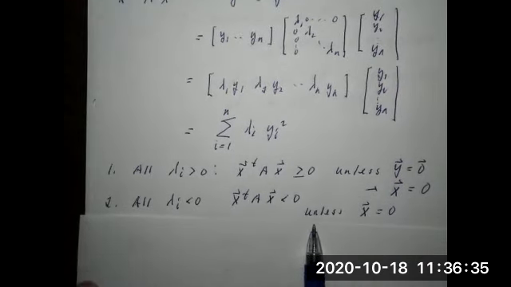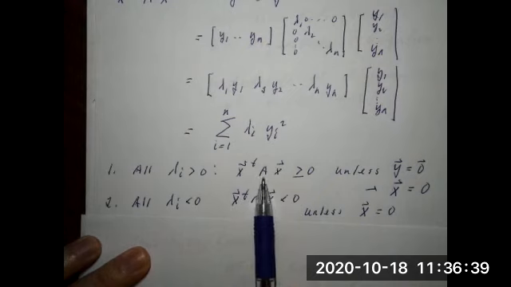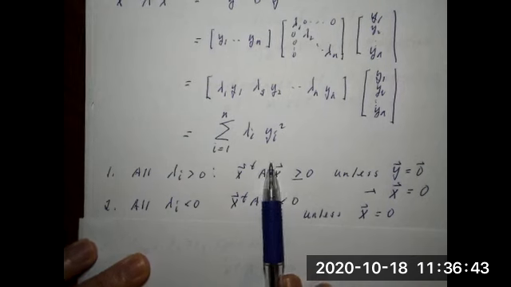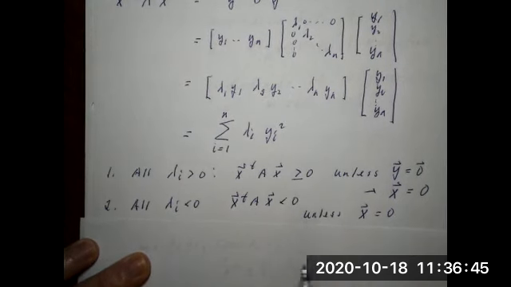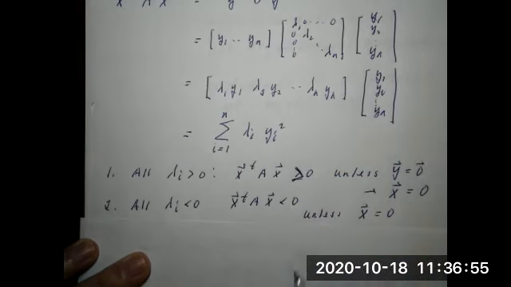That would be a positive definite quadratic form. Let's look at another case. What if all the eigenvalues are less than 0? If all the eigenvalues are less than 0, this expression right here is going to be less than or equal to 0. And it would equal 0 only if the vector x was equal to the 0 vector. So let me just say that again.